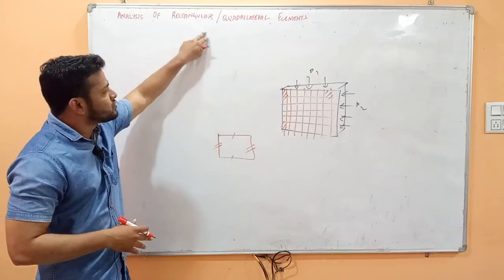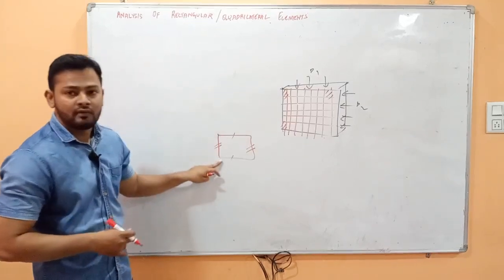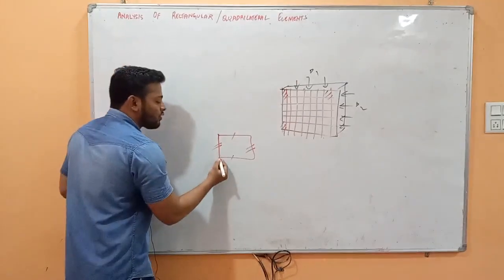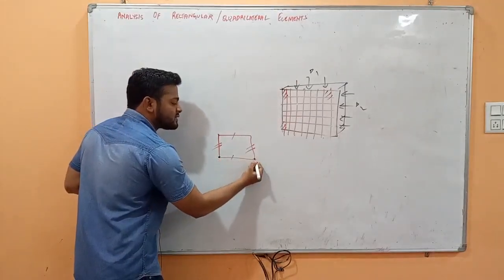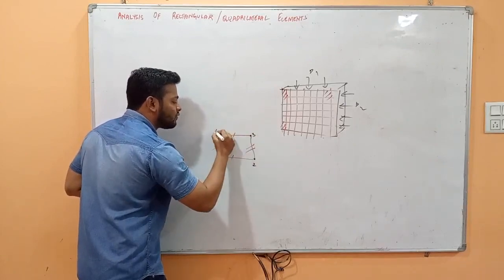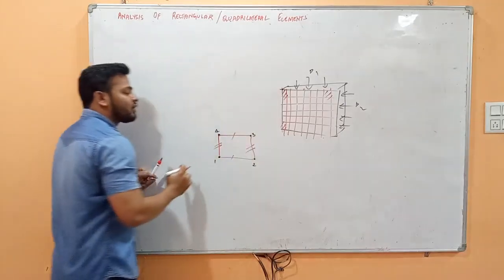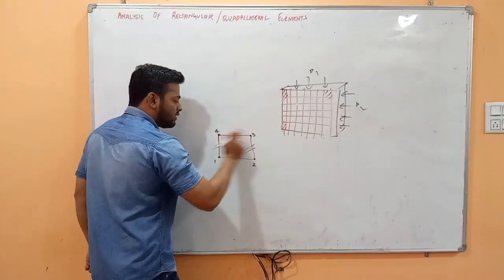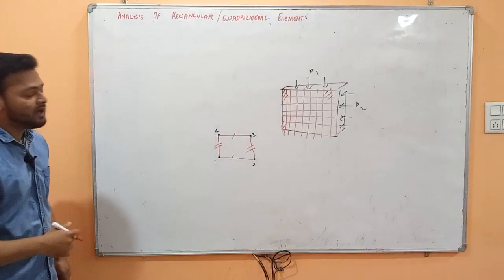We are going to study the four noded elements, which are called four noded quadrilateral elements. So one node, second node, third node, fourth node: 1, 2, 3, 4. A rectangular or quadrilateral element has four nodes. How can I define a rectangle?